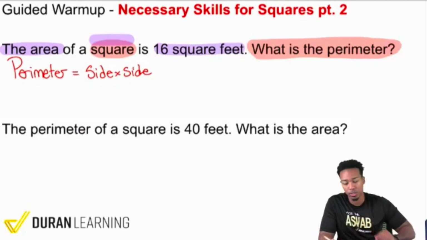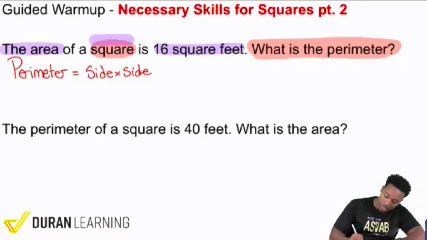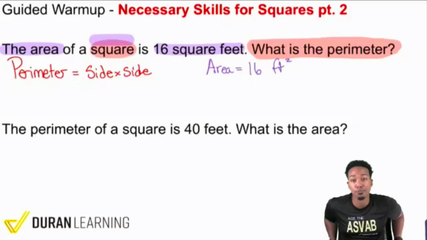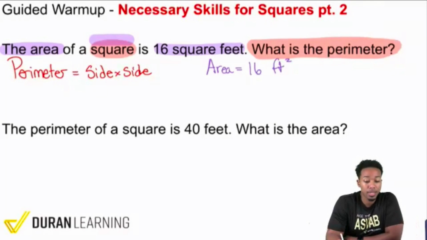So pay attention. The question that you want to ask yourself is, okay, they didn't give me the side that I need, but can I get the side from the area? Everybody, can you find the side from the area? Yes, you can.